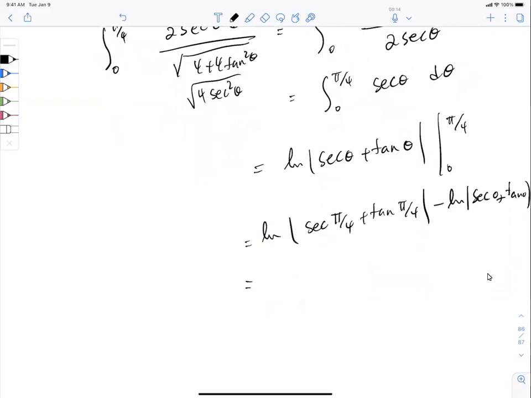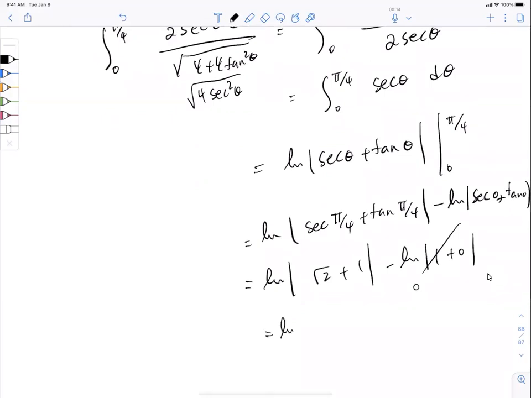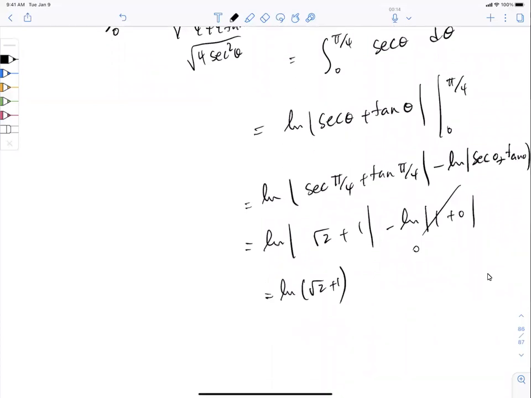Secant pi over 4 is 1 over cosine pi over 4, which is root 2. Tangent pi over 4 is 1. Secant 0 is 1. ln of 1 is 0. And that would be your answer. You didn't have to go back to x and plug in 0 and 2. You just stayed with theta.